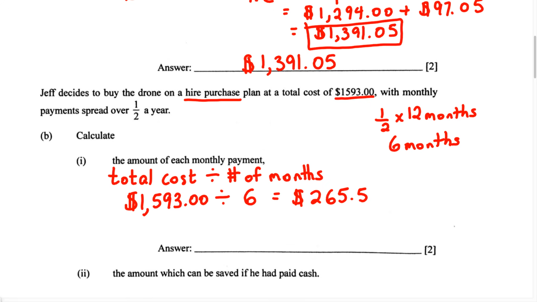And because we know dollars have cents and cents has 2 digits, it's not just going to be a 5. We're going to have to add a 0. And now 5 actually means 50. So our answer is going to be $265.50. This is our answer for this problem. We're just going to write it in the spaces provided.